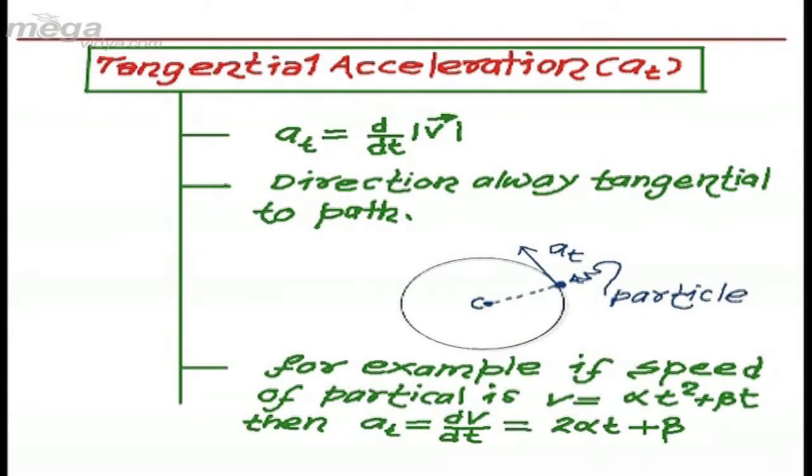This is the result for the tangential acceleration of the particle moving with velocity alpha t square plus beta t. We easily get this result from this relation.